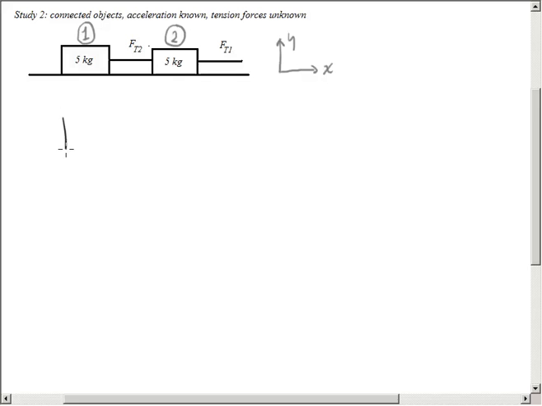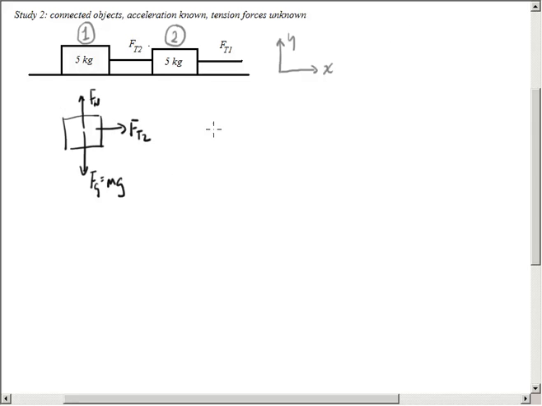I'm going to draw the box. We have the weight, force of gravity. We have a normal force. We have force of tension 2. And since we don't have a frictional force, there is no force in the other direction.